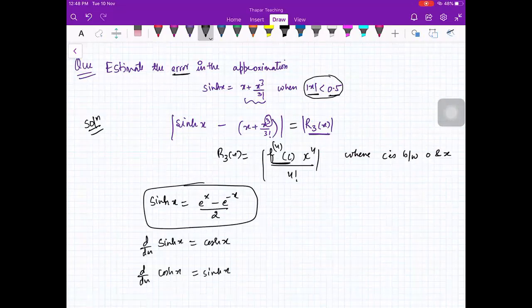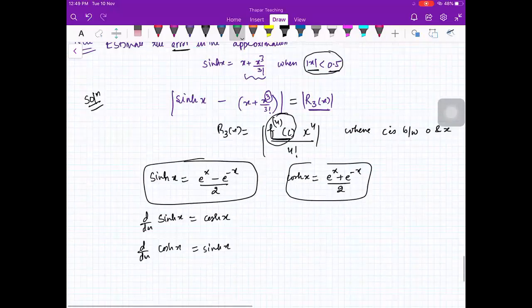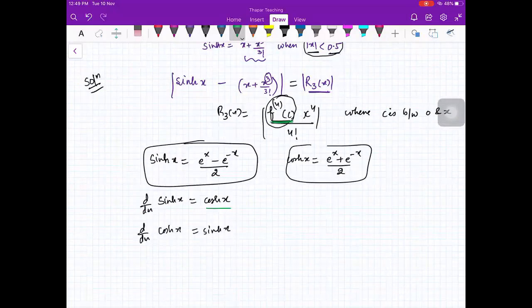So this is not bounded. You cannot write it less than equal to 1. Sin is bounded, sin hyperbolic is not bounded. What is cos hyperbolic? E raised power x plus e raised power minus x by 2. Is that thing clear? So now for the fourth derivative: first derivative is cos, then cos derivative is sin, that is your second derivative. Third derivative will be again cos. Fourth derivative will be sin.